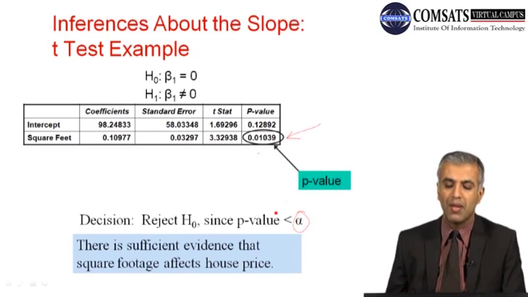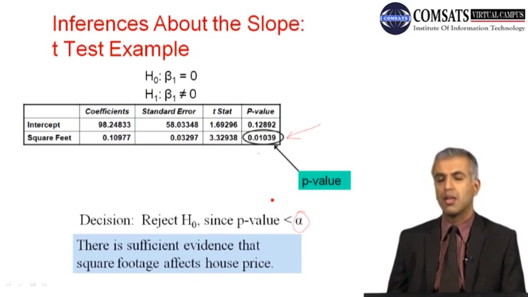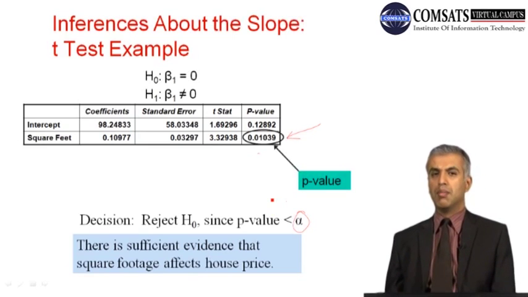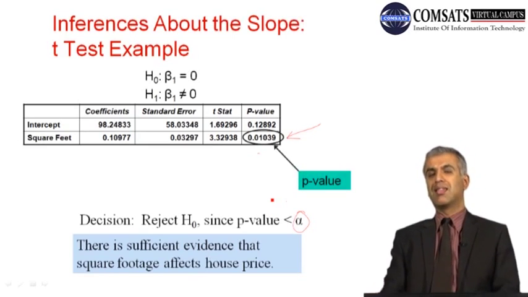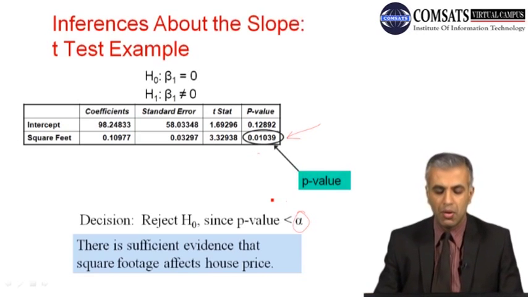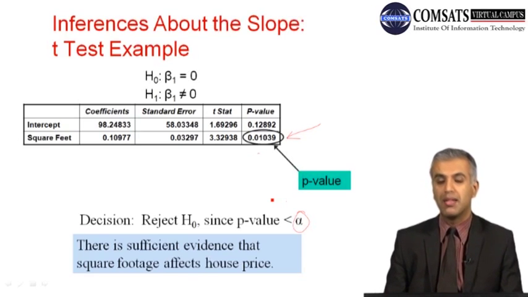As this p-value is less than this alpha, we reject the null hypothesis. And again, we can conclude that based on the sample, it's very much evident that there's a positive relationship between these two, and the size of the house does affect the house price here.